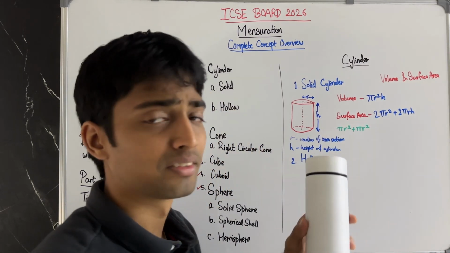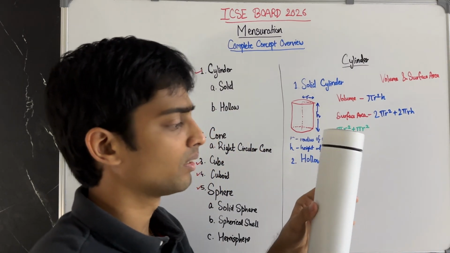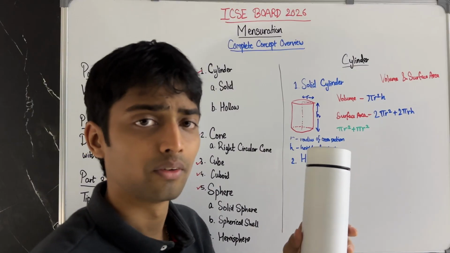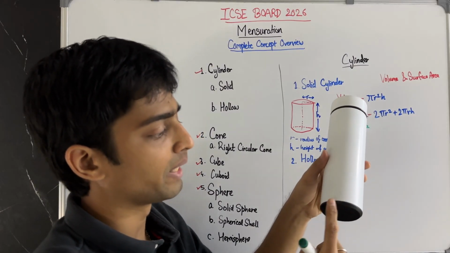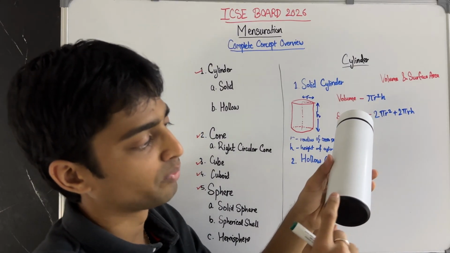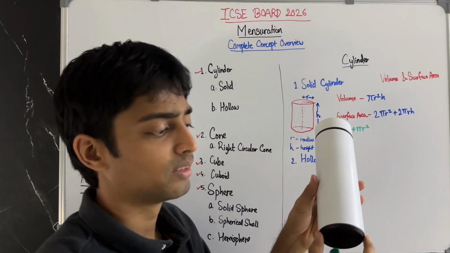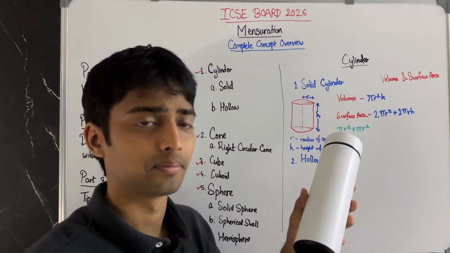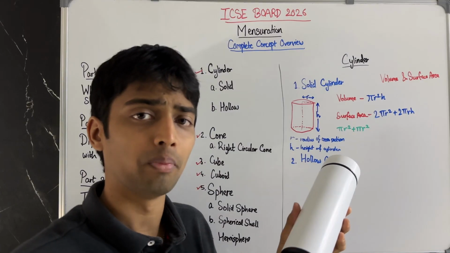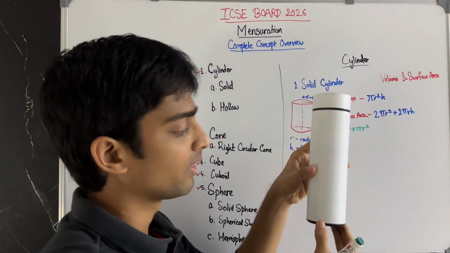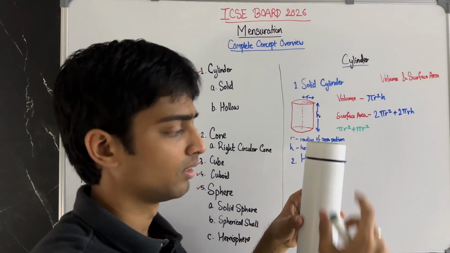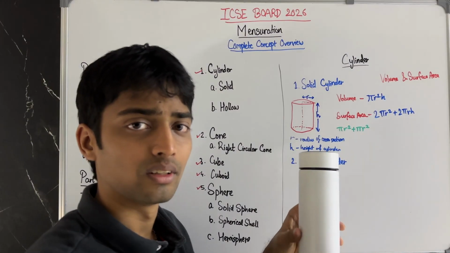Then we have this curved surface. How do we find the area of the curved surface? First let's see the perimeter of this. We get this ring, and the length of the ring is 2 pi r. Circumference of a circle is 2 pi r. And this 2 pi r is getting repeated for h length. So we'll get the outer surface area.